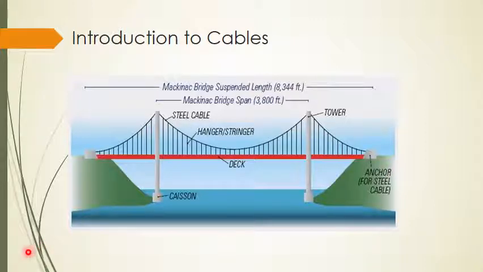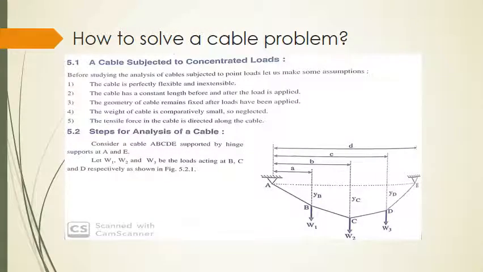So whenever you come across a cable problem, it's a typical problem. So we'll see how the problem will be solved. So how to solve a cable problem? Typically, the problem of the cable will be in such a fashion that there will be two hinge supports at both the ends of cable. Cable will be subjected to the point loads W1, W2, W3 and so on.